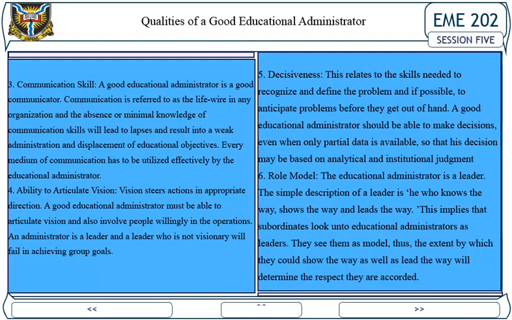4. Ability to articulate vision. Vision steers actions in appropriate direction. A good educational administrator must be able to articulate vision and also involve people willingly in the operations. An administrator is a leader, and a leader who is not visionary will fail in achieving group goals. 5.